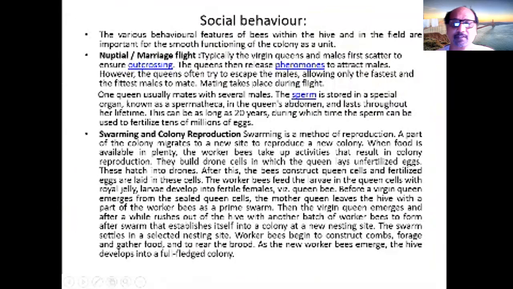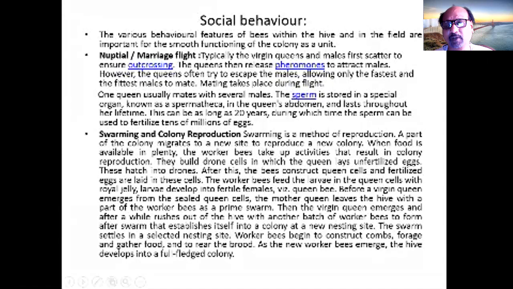Now the second behavior, swarming and colony reproduction. Swarming is when the old queen leaves the colony as a new queen develops. When the new queen is developed, the old queen takes a few members of the colony and leaves the old colony to develop a new colony at another site.